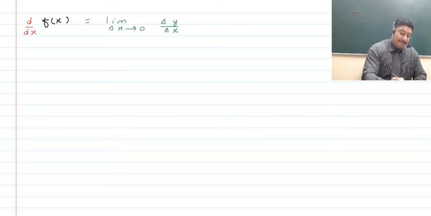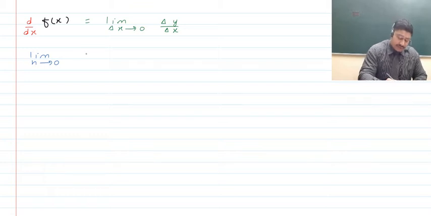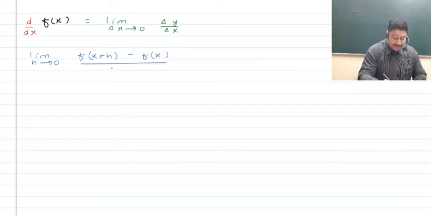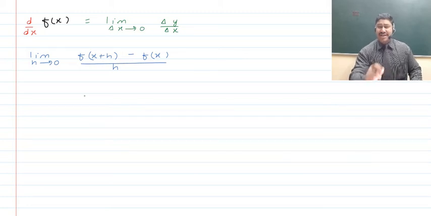Now, this is better written as limit h tends to 0, where h represents delta x or change in the value of the independent variable. Then we have f of x plus h, from which f of x is subtracted, and then that is divided by h. Now here, children, like I told you, h is just like the change in the independent variable.